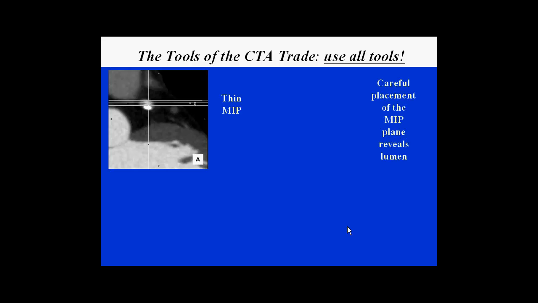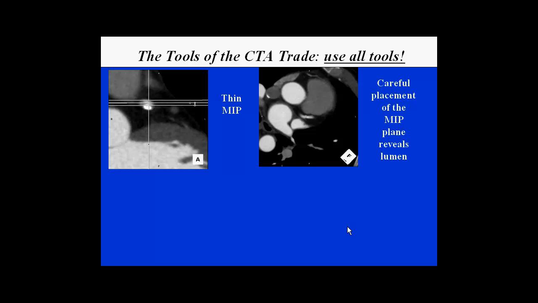Here again is a thin MIP, and careful placement of the MIP plane by adjusting the altitude of the slab can allow me to display the image to look at the subsequent lumen.